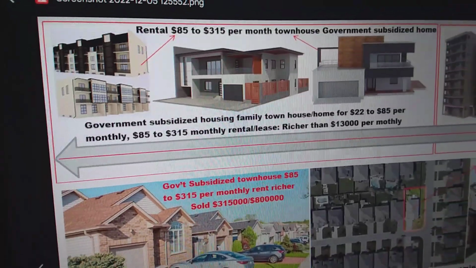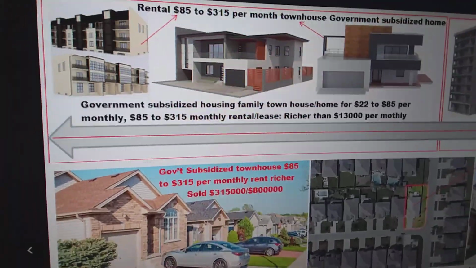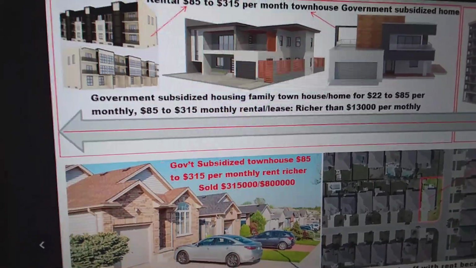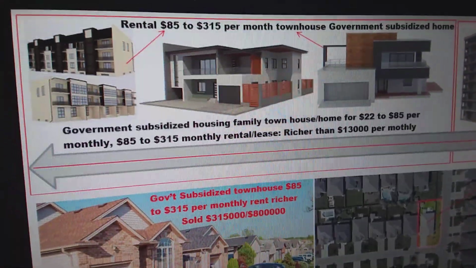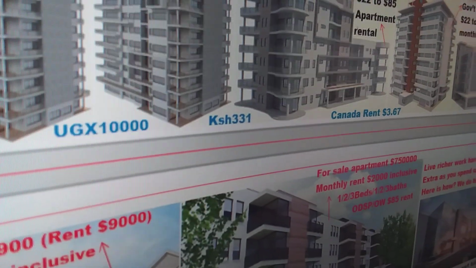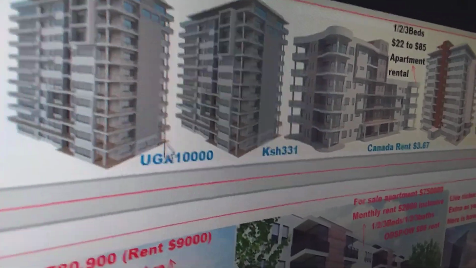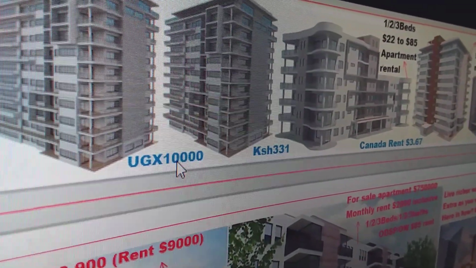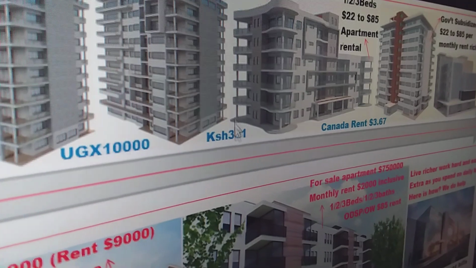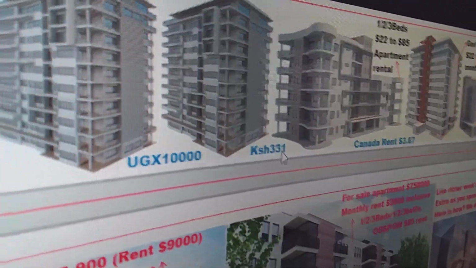So you see, for instance, the guy, we said the guy was a contract to addition to mortgages, even prices. If you see here, this is what people are now renting there in Uganda. We know in Uganda, such kind of a home, people are renting 10,000 per month, and then in Kenya, roughly 331 shillings.